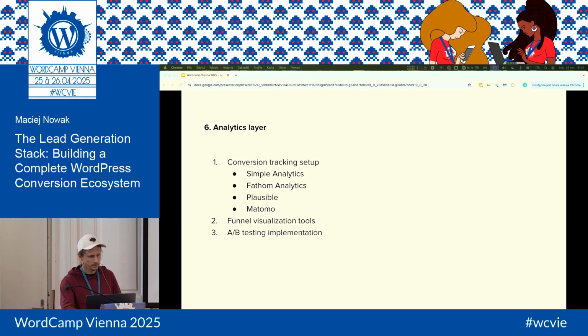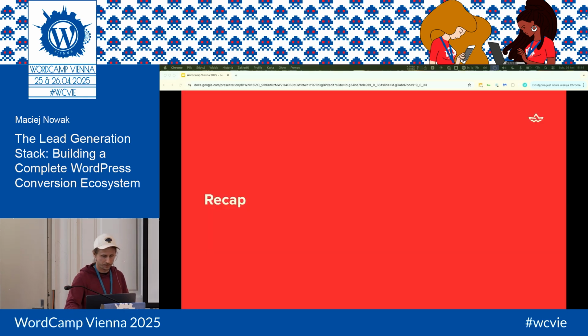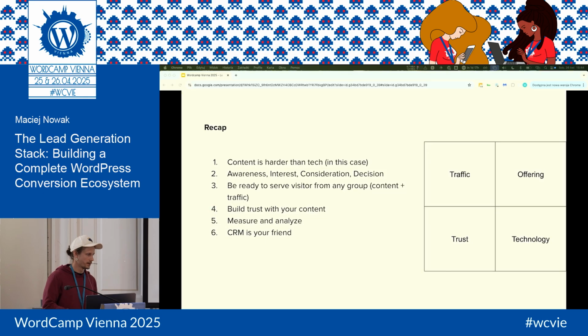I will be recapping now, and as a short recap, in my opinion, the content is harder than the tech in this example. I spent so much time on how to structure the website here, not so much on the technology side, because technology, I would say, is solved.